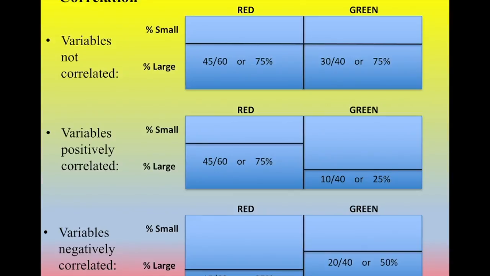Now in absolute numbers, 45 of the marbles are large reds, and 30 of the marbles in this population are large green. Though these absolute numbers are different, it is the proportions that interest us. There is an equal proportion, 75% each, of large reds and large greens.